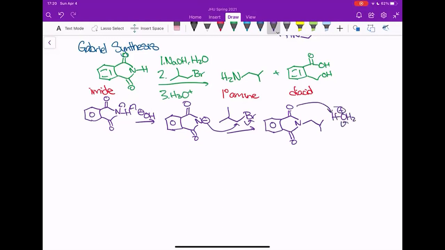First step, whenever you have that acidic condition, is to protonate your carbonyl. Because that's protonated, we'll come in with some water to attack the carbonyl carbon.